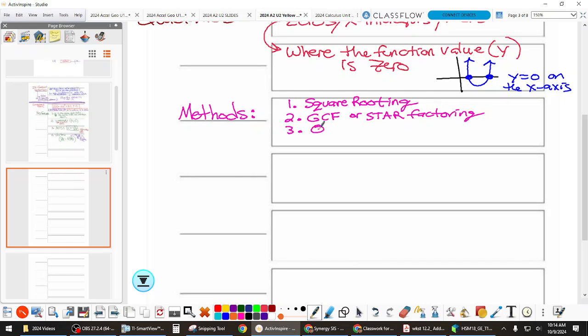And then quadratic formula. And finally, completing the square. And actually, you might disagree, and some of you might think completing the square is easier than quadratic formula. But I doubt that you'll think that. We'll see. Okay?